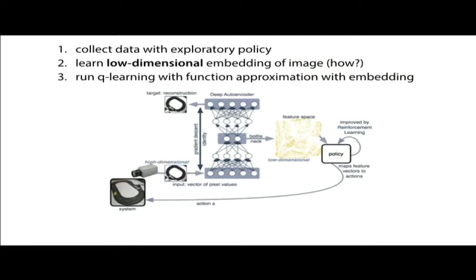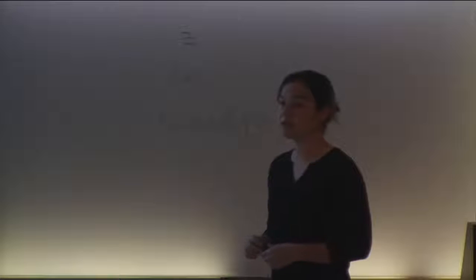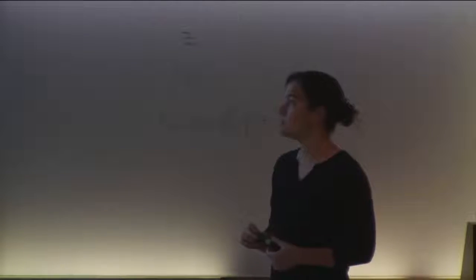So the question was, is the autoencoder only on single frames? And in this paper, yes. There's only one embedding that's fed into the policy. So how would you calculate something like velocity? I don't know. It's all mysterious.